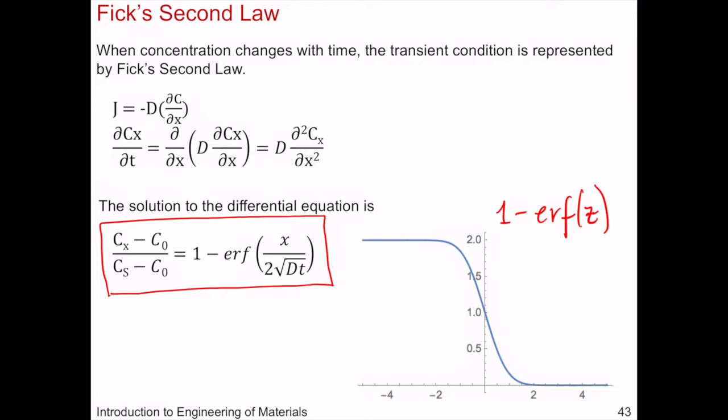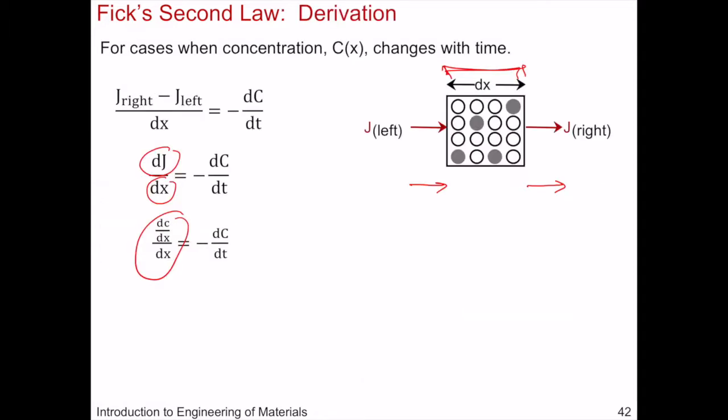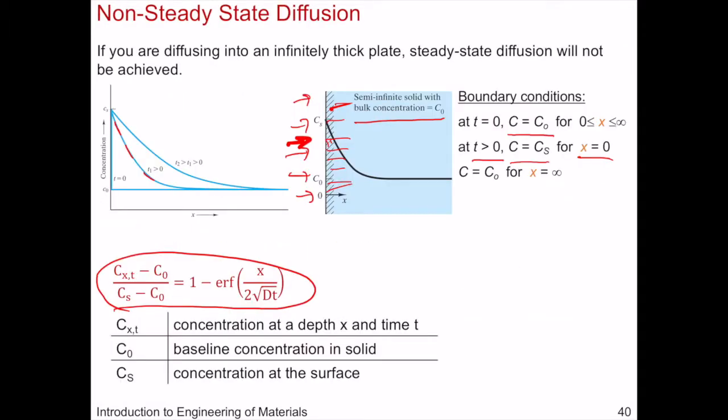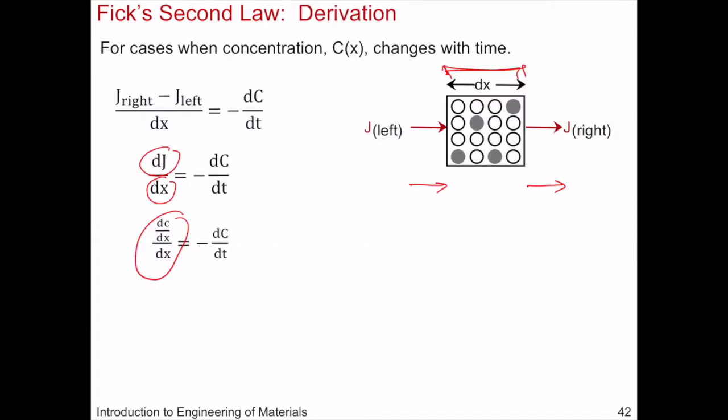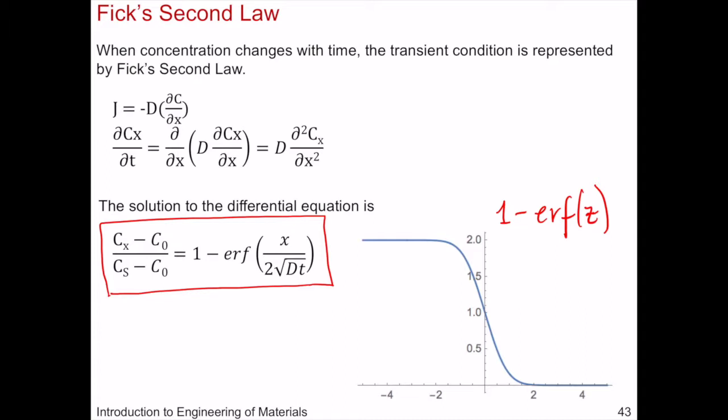And we use this as a solution because it fits very well the profile of the change in the concentration gradient over time. And so I'm just going to go back to that. So you can see here, this profile can be fitted quite well with the Gaussian error function shown here. And so for the next few slides, we'll go over some examples on how to use the solution to the differential equation.